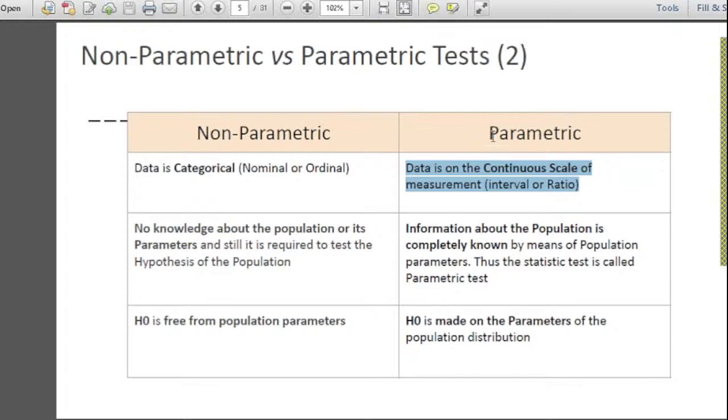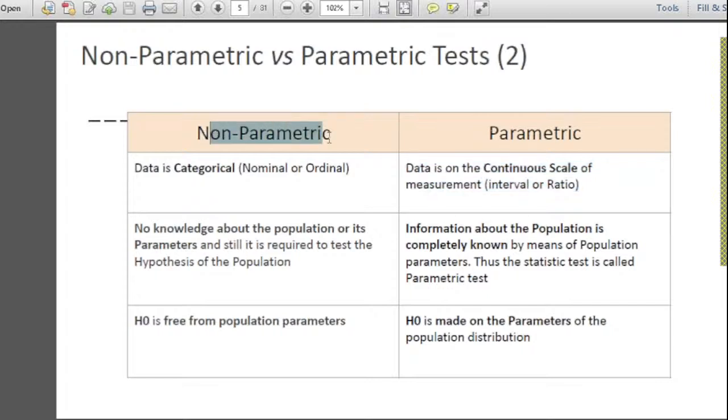For a non-parametric test, data is categorical in nature, right? Like rank. Okay. So when we do not have any information, or we know that our data is not continuous, we will go with a non-parametric test.